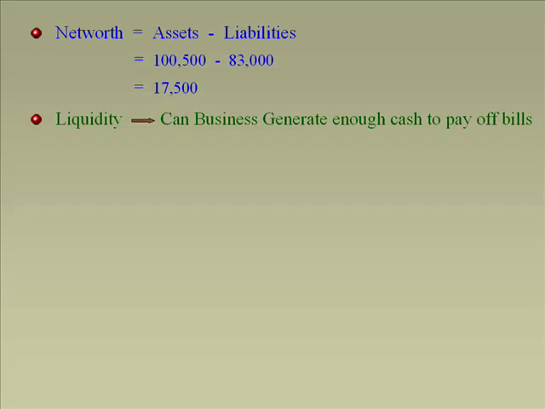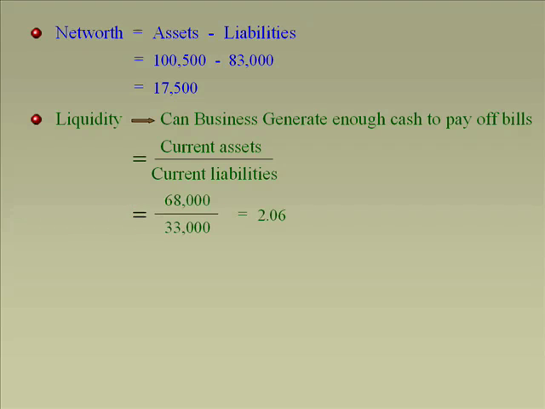They have a formula, a ratio, which looks like this. They divide current assets by current liabilities. What do you get when you do this for the Double Surprise Travel Agency? Can you do it and tell me? If you want, stop this recording till you're done. What do you get?